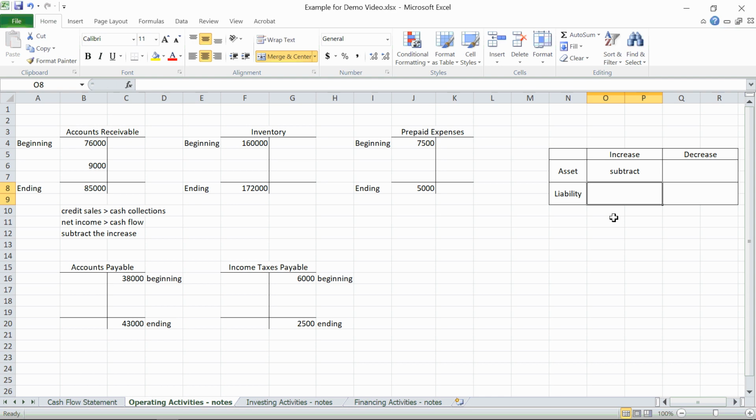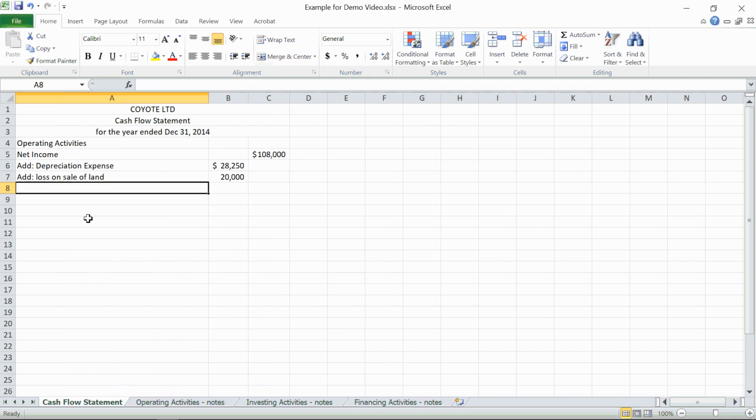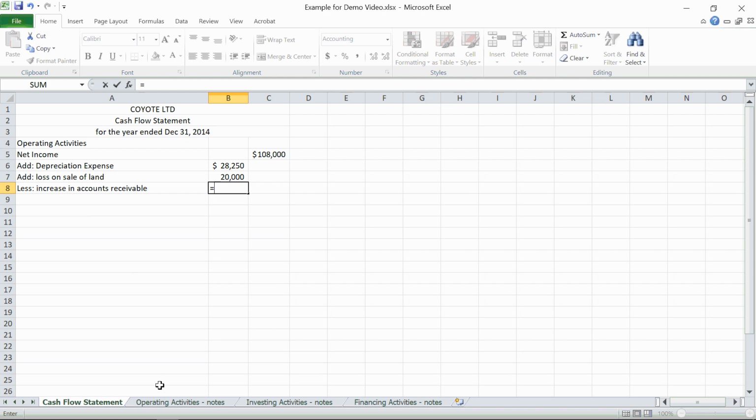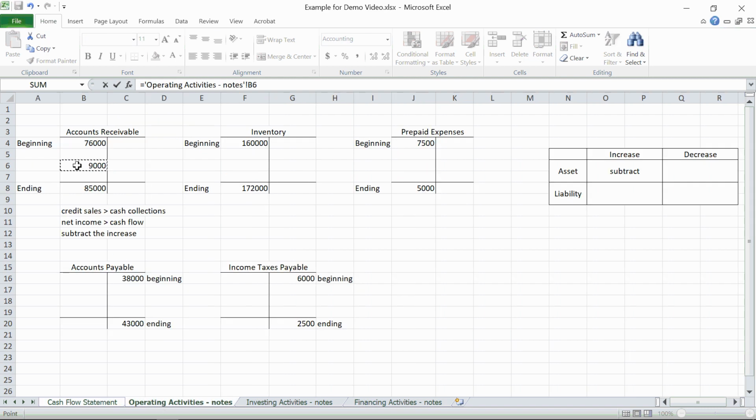If you have an increase in an asset that isn't cash, it means your cash has depleted. And so I'm going to take this increase in my accounts receivable and say less increase in accounts receivable of $9,000.